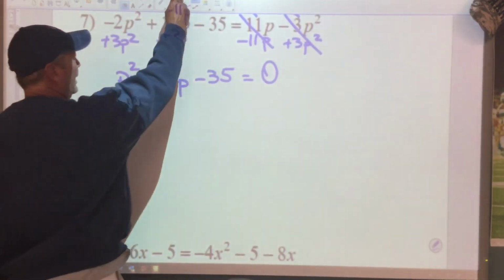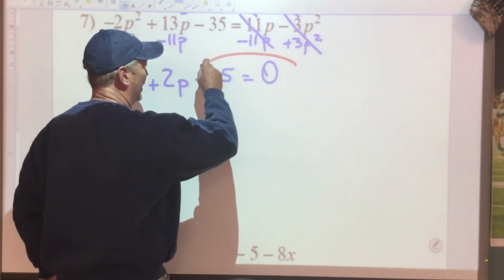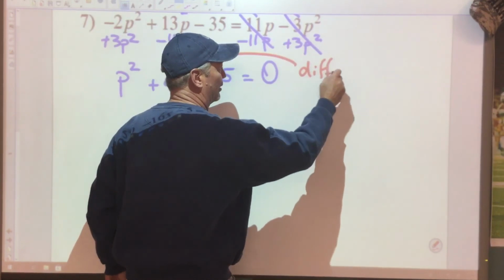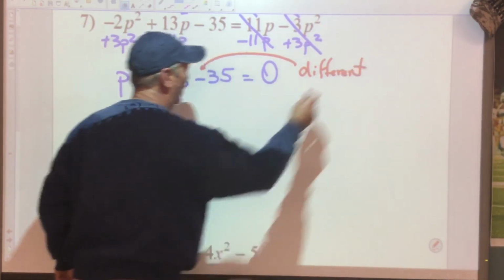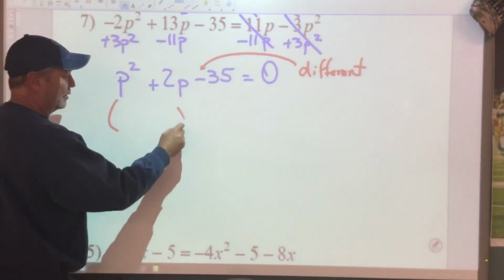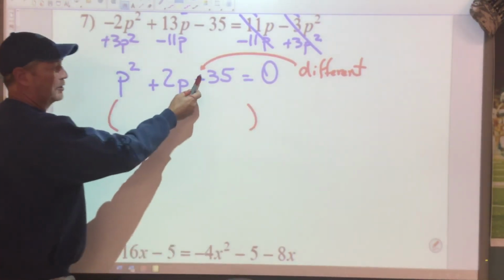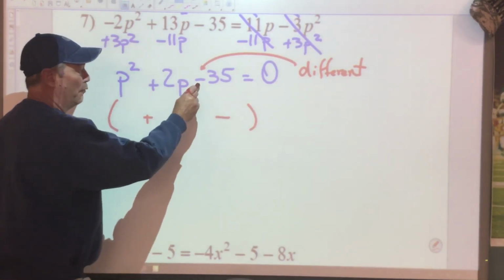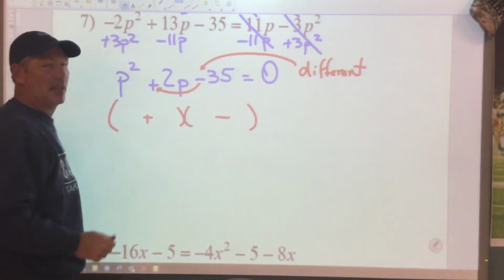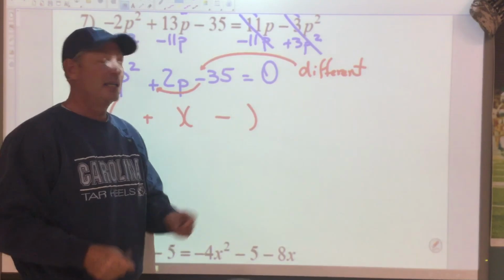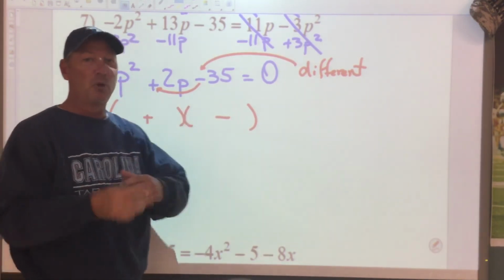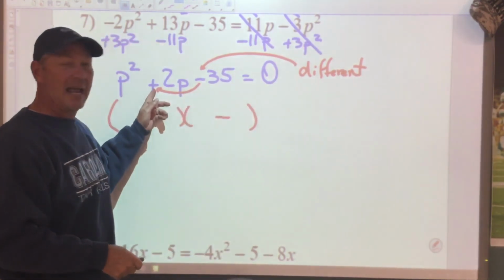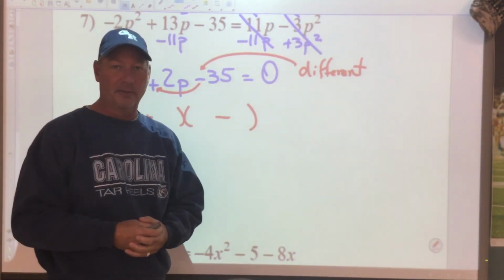We're going to look at the back sign. The back sign is a negative, which tells me my signs will be different. So when we set up our two parentheses, this tells us my signs are going to be different. And then we move forward and we're going to find out that the bigger number is going to be positive. So when we get ready to find our numbers to put in the parentheses, the bigger number has to be with the plus sign.